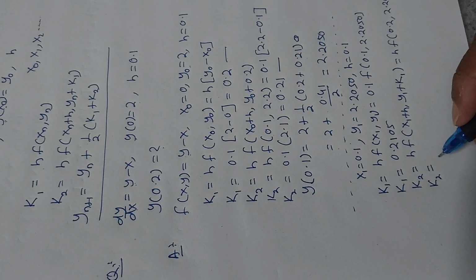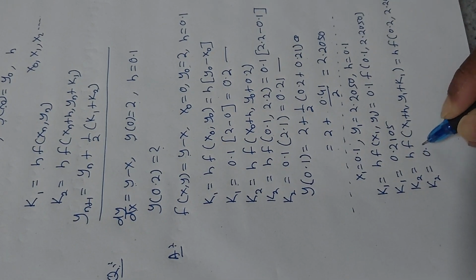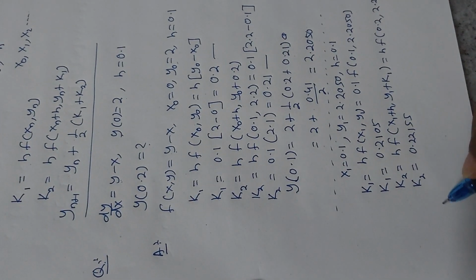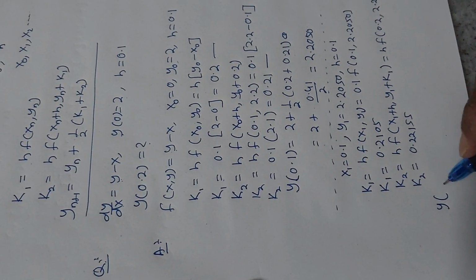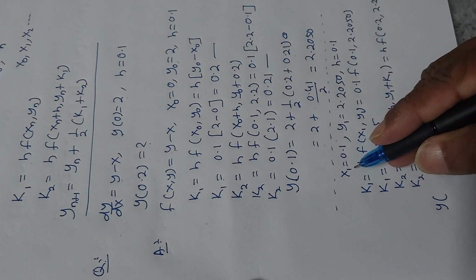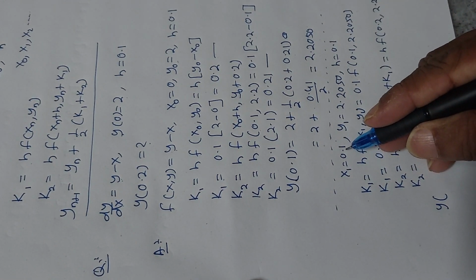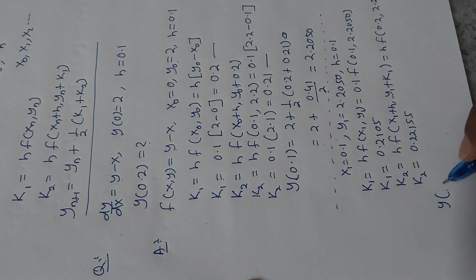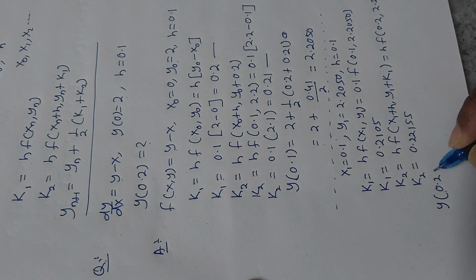After calculation, the value of k2 will be 0.22155. Now y when x is equal to x2: when x1 was 0.1 and h was 0.1, x2 will be 0.2, that is 0.1 plus 0.1.